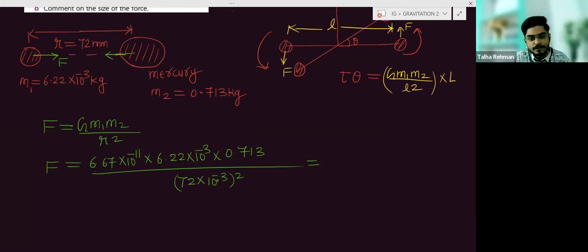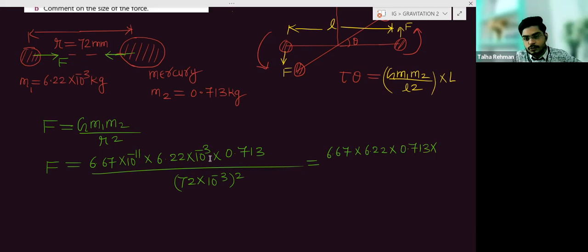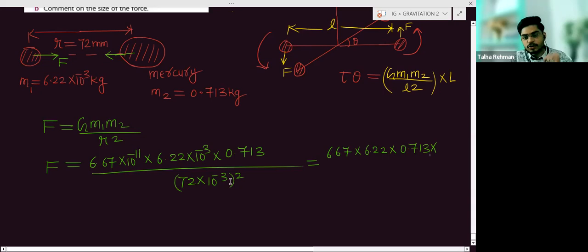So here we will have 6.67 into 6.22 into 0.713 into 10 to the power minus 14. In the denominator you will have 10 to the power minus 6, so this will go in the numerator and become plus 10 to the power 6.